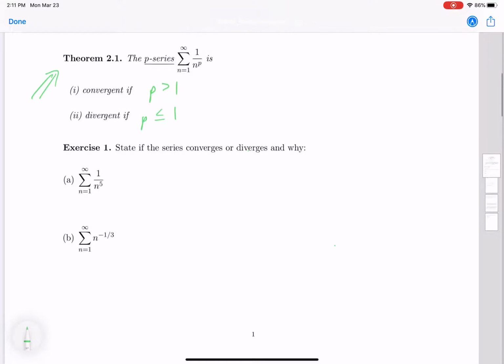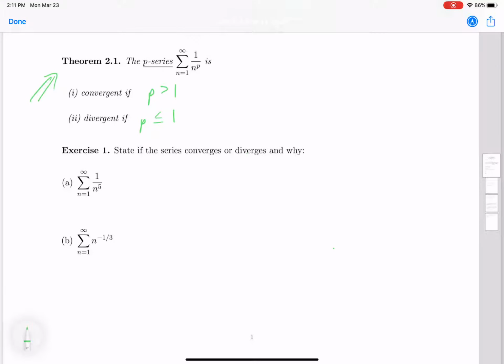Okay, so this looks exactly like a p-series with p equal to 5, which last time I checked is greater than 1, so it converges. And why does it converge? Because it's a p-series. So I would write p-series with p equal to 5, which is greater than 1.